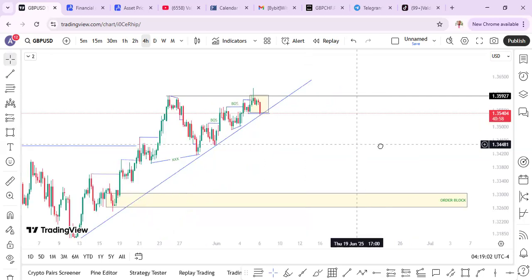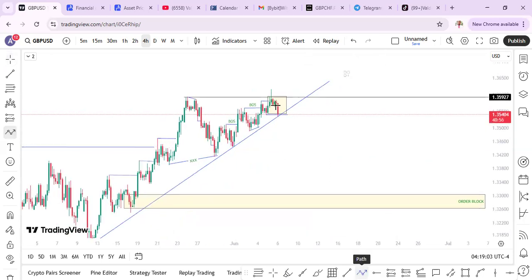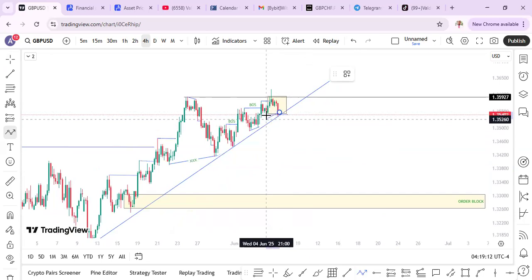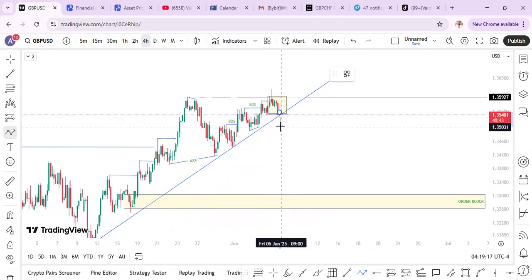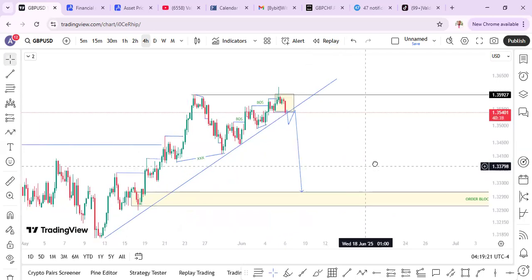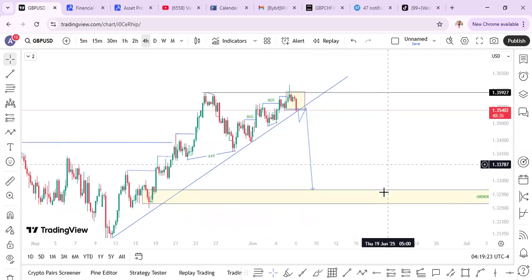So what am I waiting for price to do? For price to close and break this low, then definitely this trend line. If price breaks this trend line, it will definitely take out this 4-hour demand. Then we can look for an opportunity to sell GU.